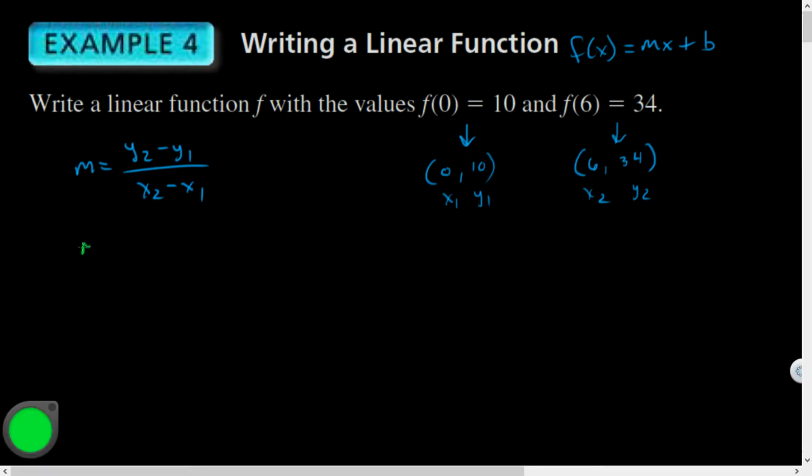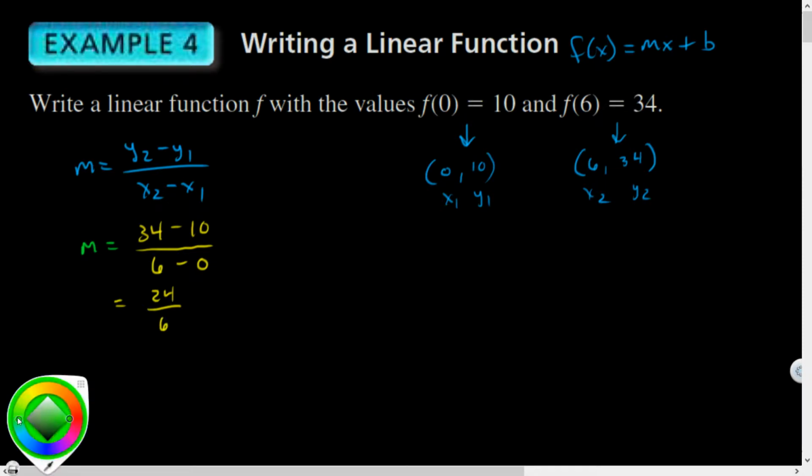So our m is going to equal 34 minus y1, which is 10, over x2, which is 6, minus x1, which is 0. That's going to equal 34 minus 10, which is 24, over 6 minus 0, which is 6.